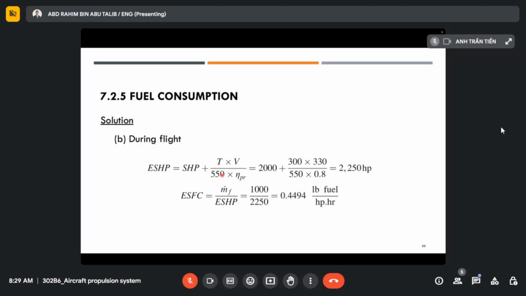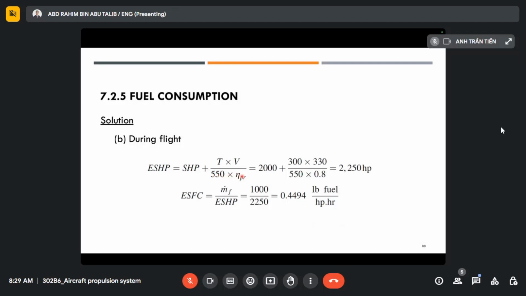So don't get it wrong or mix it up. You use a different constant for miles per hour, for knots, and other types of units. So this is a common mistake: you use the wrong equation for different units.